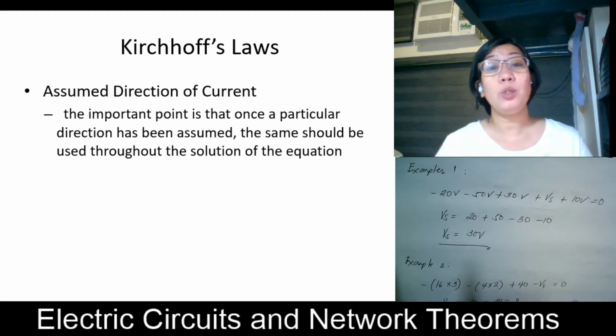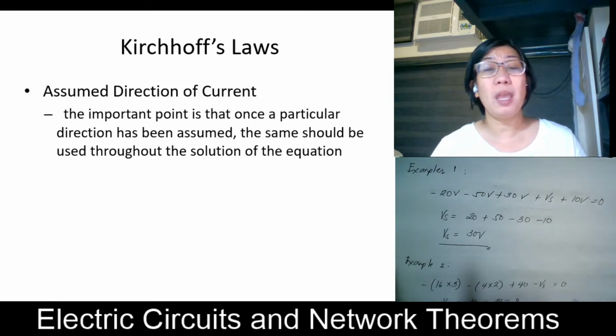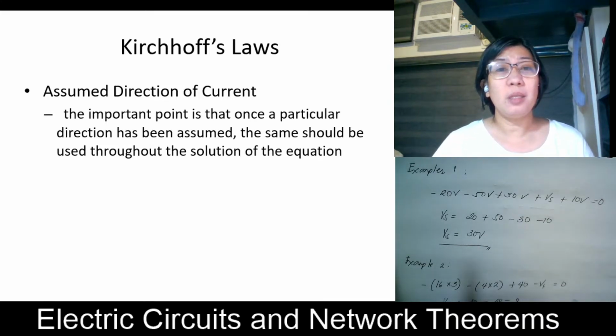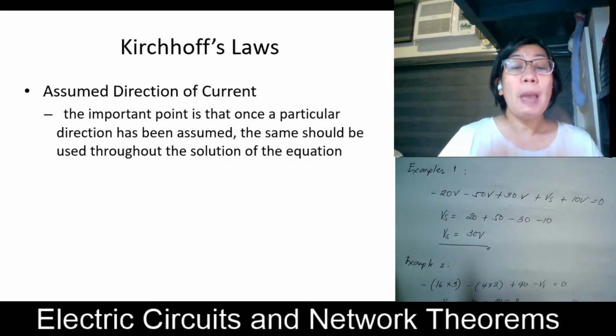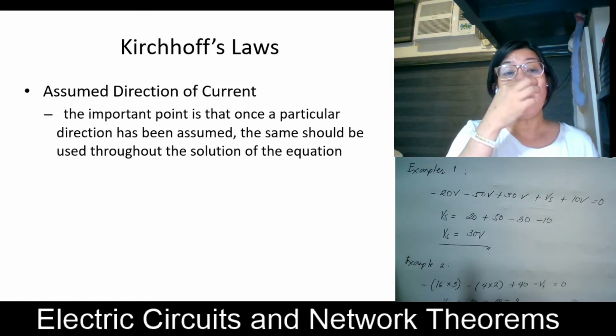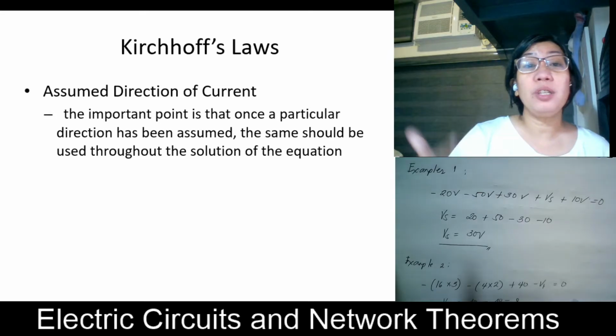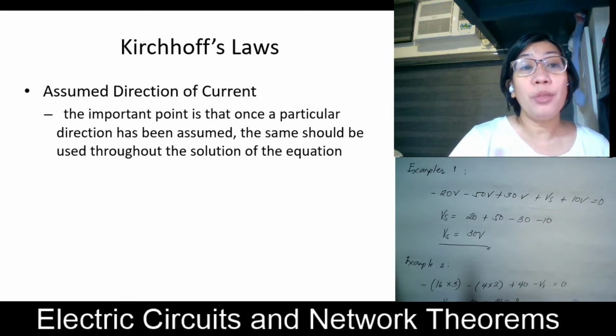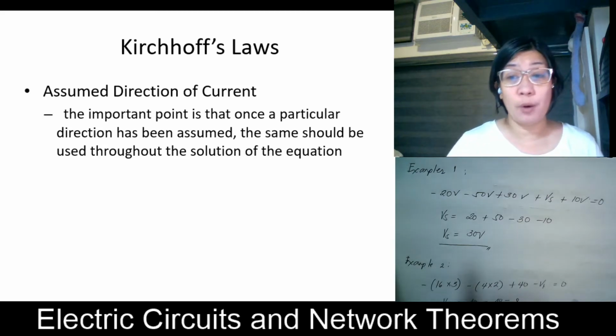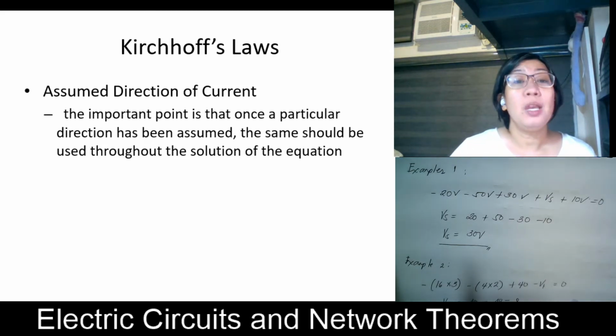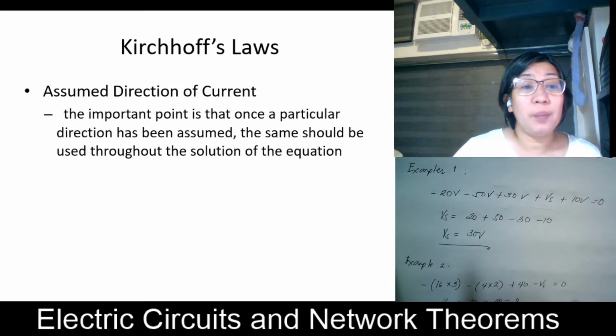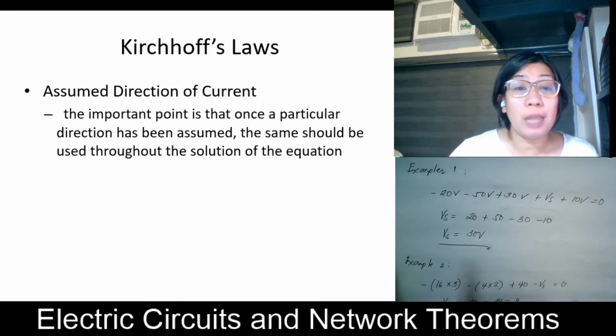What you're going to do is just reverse the direction. But the first assumption is all right. The important point is once a particular direction has been assumed, the same should be used throughout the solution of your equation. Okay?